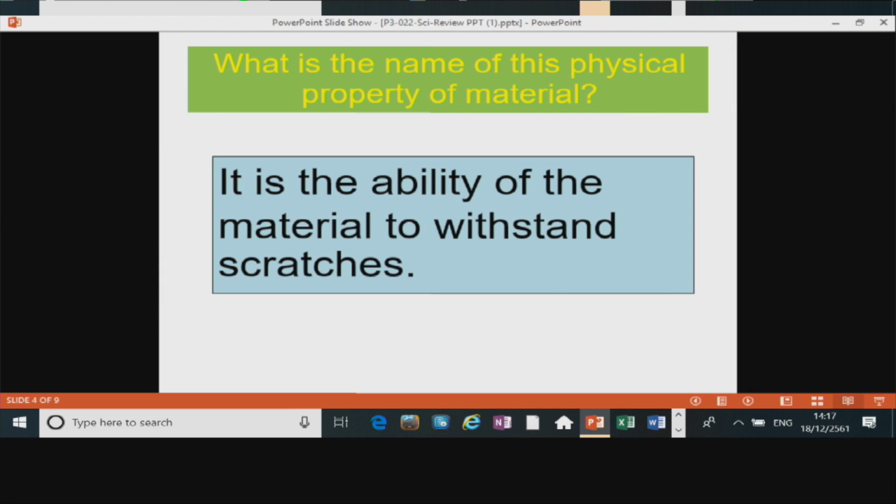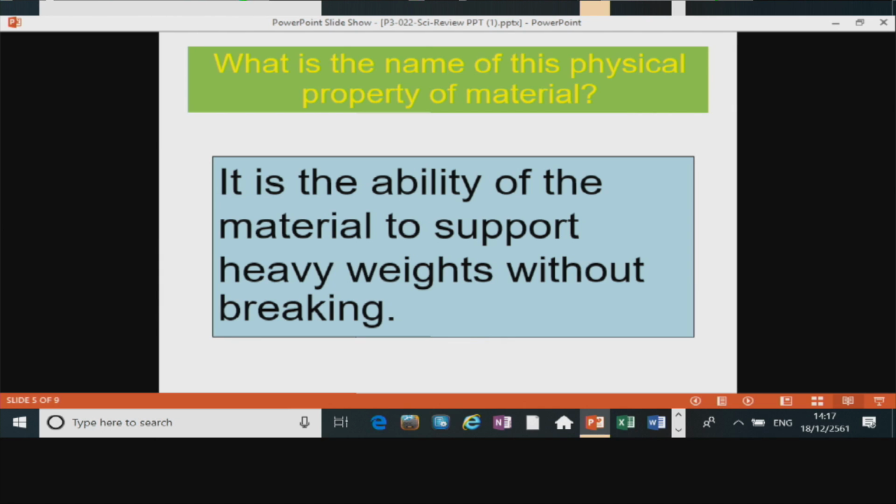Hardness. Next one. What is the name of this physical property of material? It is the ability of the material to support heavy weights without breaking.